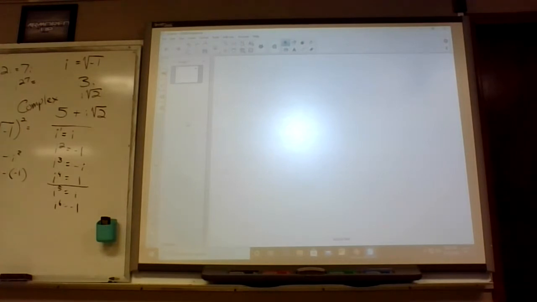It's 6, so it would go through the cycle 6 times, with a remainder of 3. So you go to the third one, which would be -i. It's like we're taking out a bunch of 4s, and the remainder tells us where it ends up.